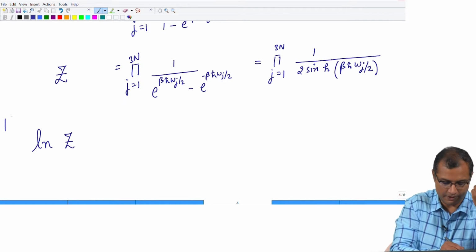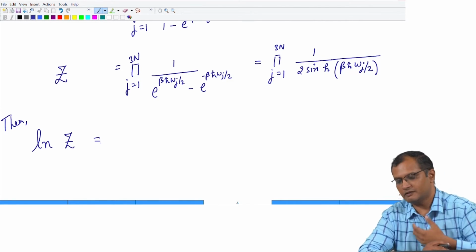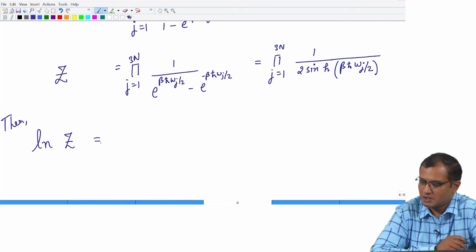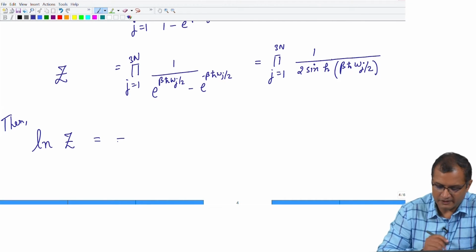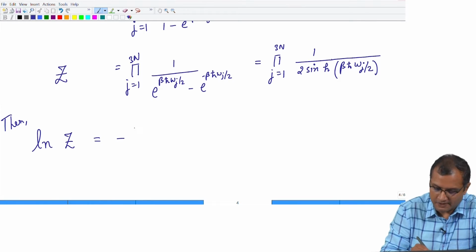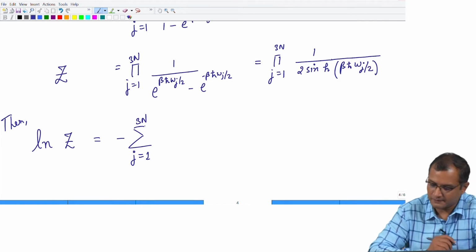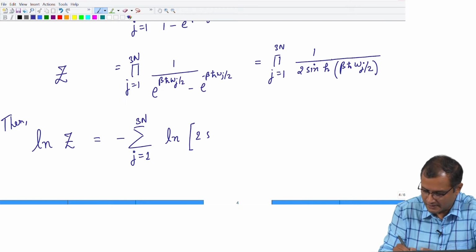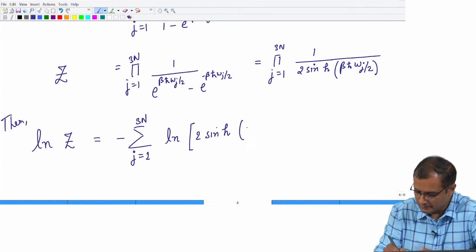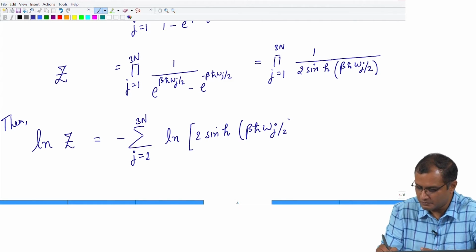So ln z is nothing but the logarithm of products becoming a summation of logarithms, and since you have an inverse for each term, it simply gives a negative sign outside, and it becomes a summation over all the 3n oscillators of the logarithm of twice sine hyperbolic beta h cut omega j by 2.